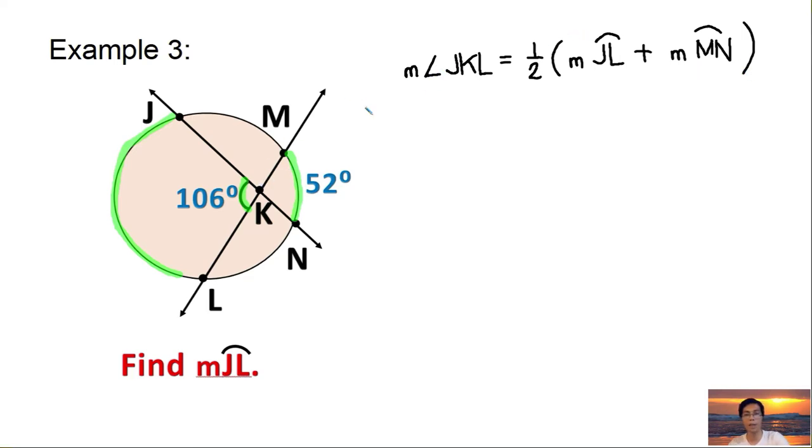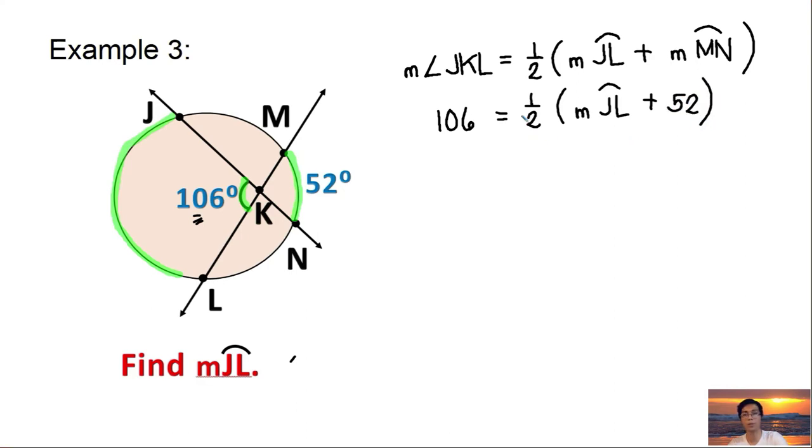This is already given na 106. So, substitute mo. 106 is equal to 1 half. Si JL, actually, yun yung nawawala. Kaya dito, walang nakalagay na sukat. So, retain pa rin po si measure of arc JL. Plus, si MN already given. That's equal to 52. So, this is now our resulting equation.